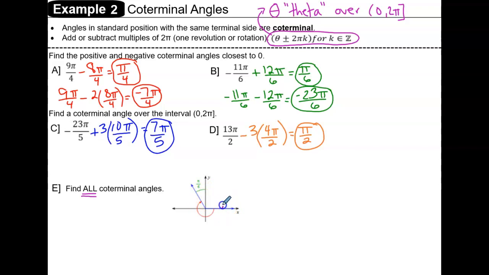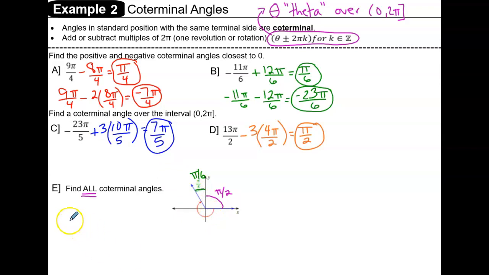So if I start at the initial side and I rotate counterclockwise to the positive y-axis, that would be a quarter of the circle, or pi over 2. Then I go another pi over 6 units, that was given here in green, to reach my terminal side.